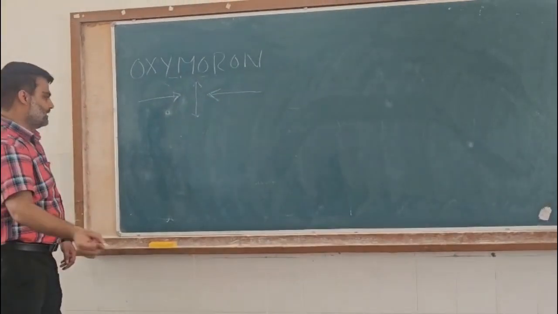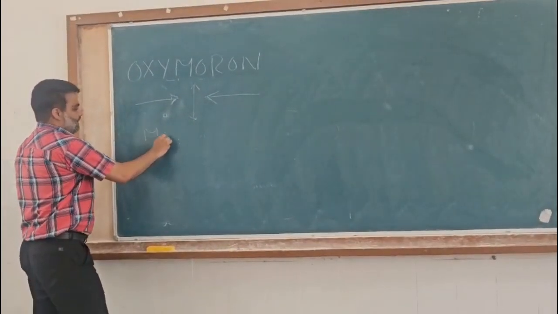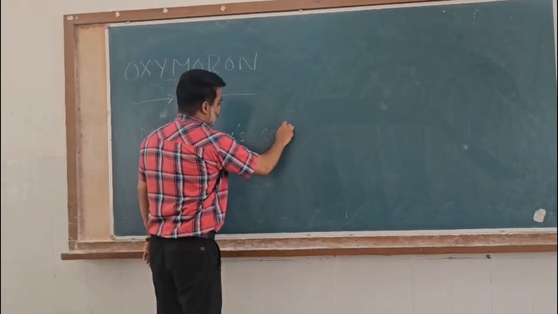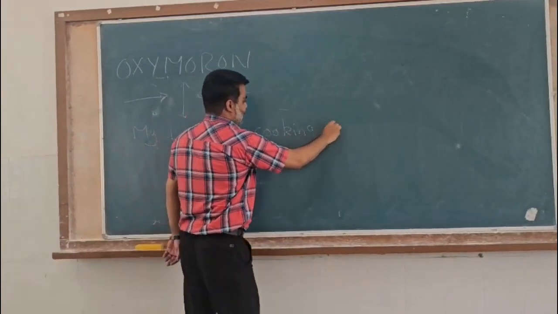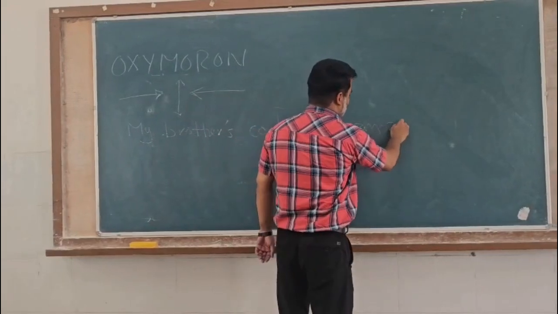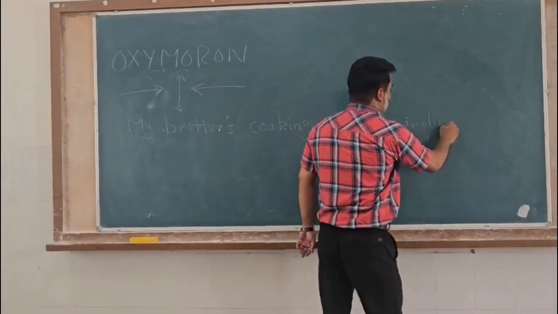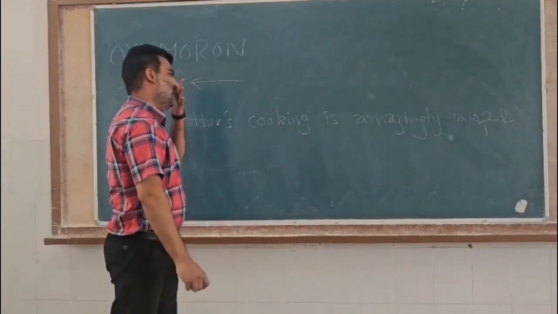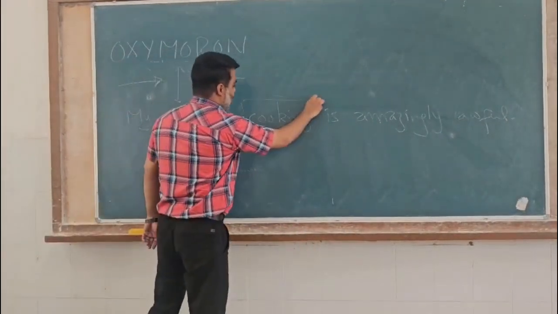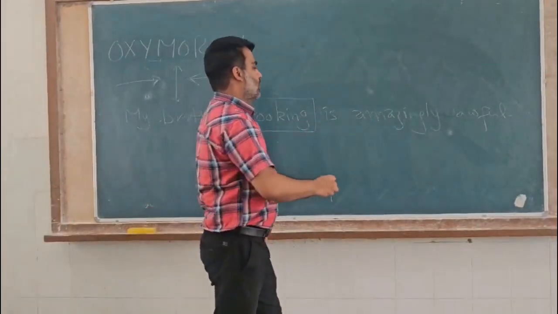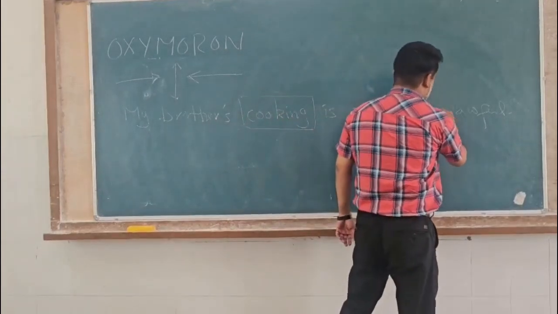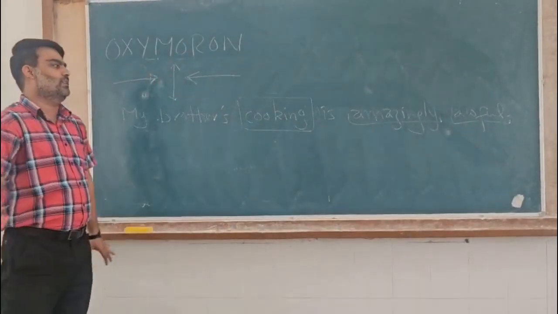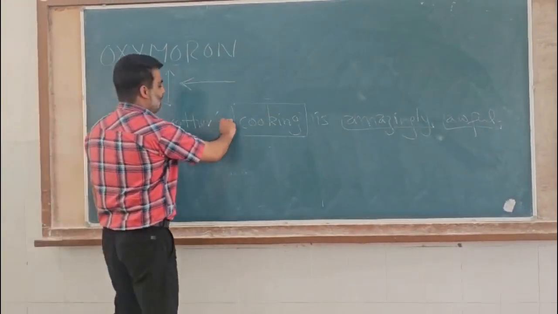So, for example, if I say, my brother's cooking is amazingly awful. So here, in order to describe cooking, we have used two opposite ideas, amazing and awful. These two things come together at the same time to describe the same entity.